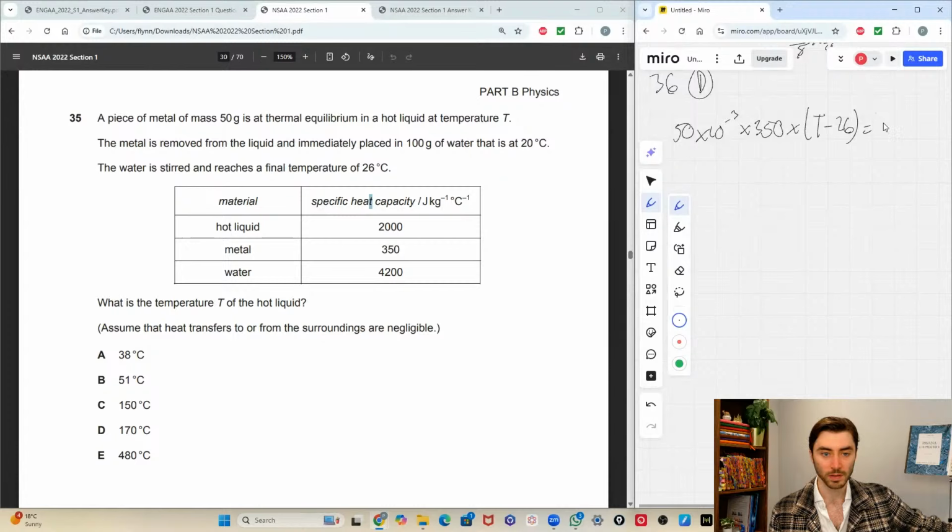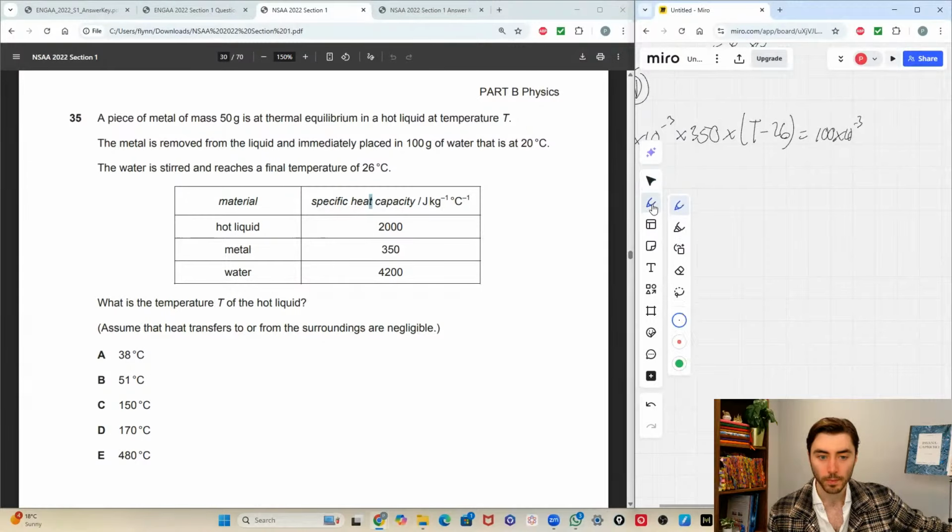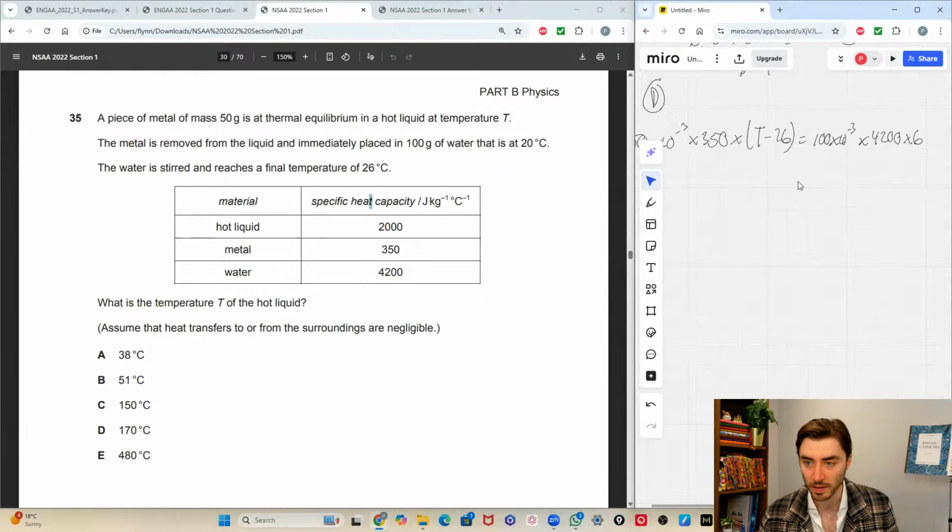So that equals M C delta T. I'm going to zoom out so I can actually see the equation I've written.